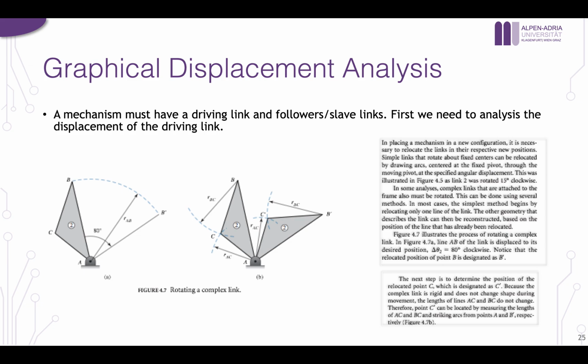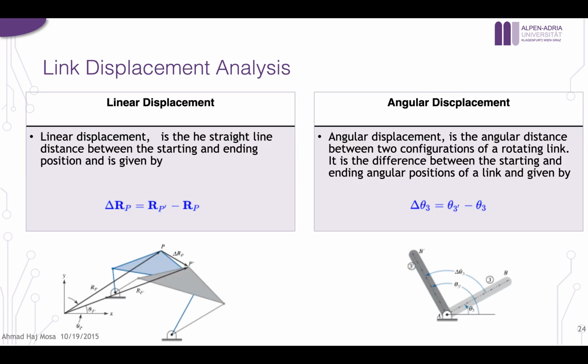Now, what is the displacement analysis in general? That means if I change the position of a point, which would mainly be driven by an actuator, or by an external actuator like a human, but here mainly we are talking about motors, and these motors displace an object or link.